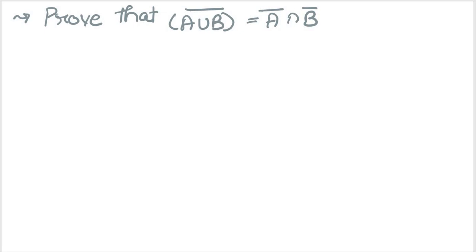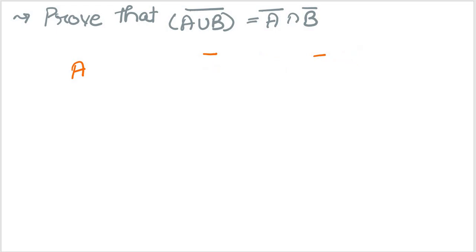I can prove it with the help of the membership table. So I have A here, I have B here, I have A bar, I have B bar, and I'll get A bar intersection B bar.